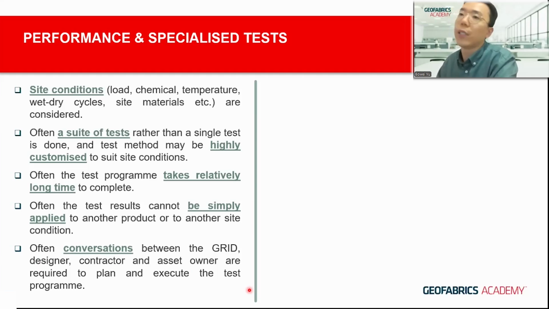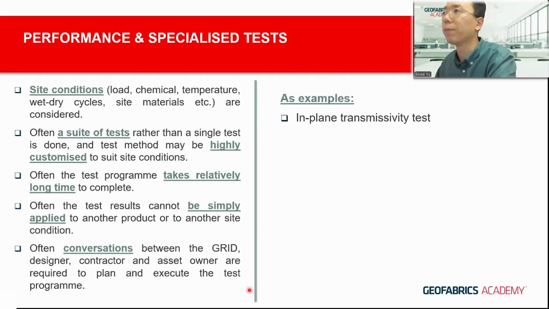And very often we have a lot of conversations between the laboratory and the designer, contractor, and even the asset owner, because that helps us to plan and execute the test program accurately, and that's suitable to the site we are looking into.